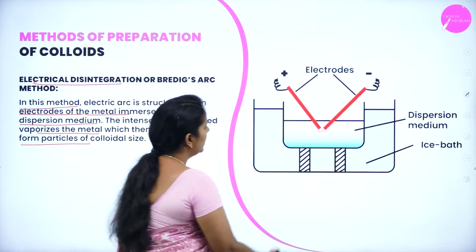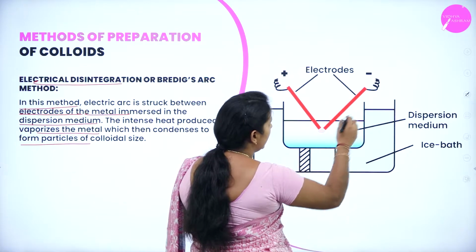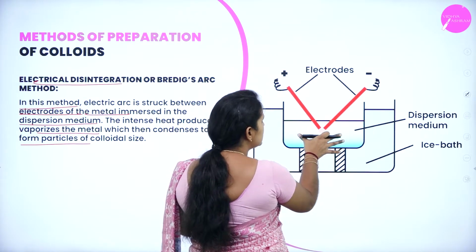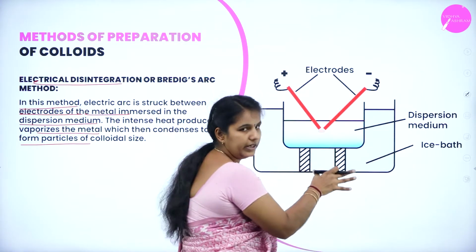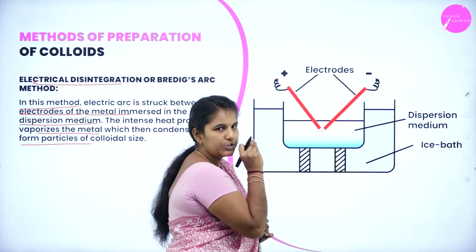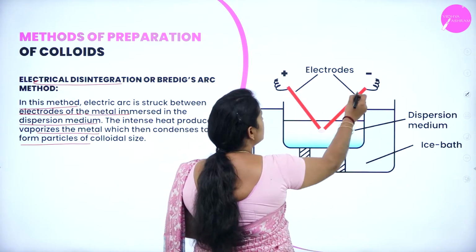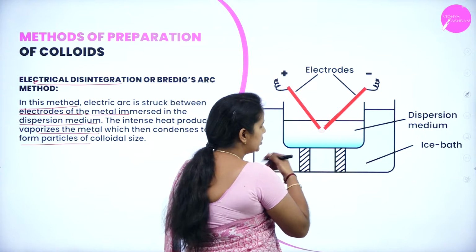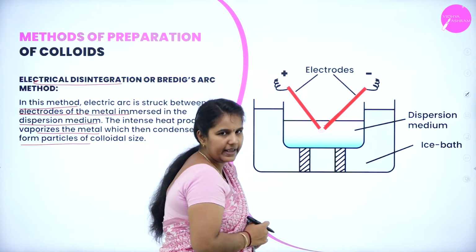So here you can see that there is a large container and they have taken another container which consists of the dispersion medium. Which consists of what? Dispersion medium. And they have introduced 2 different metal electrodes, and this entire dispersion medium will be kept in an ice bath.